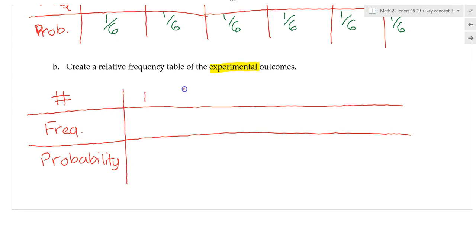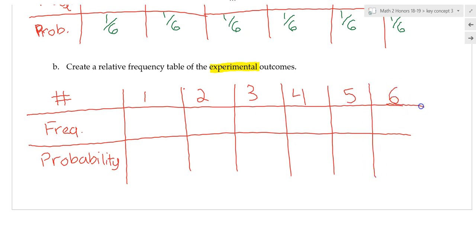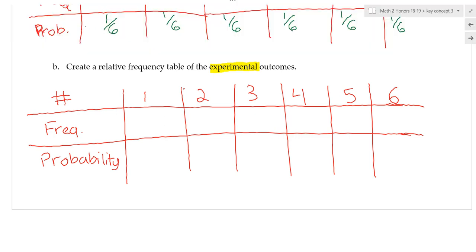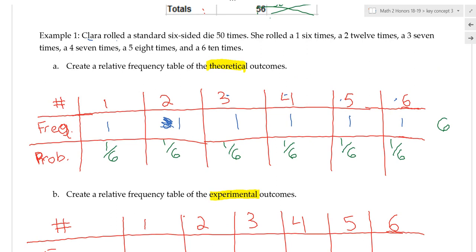So I can have roll a 1, a 2, a 3, a 4, a 5, or a 6. For experimental now, I am actually looking at what she rolled. How many times did she roll a 1?